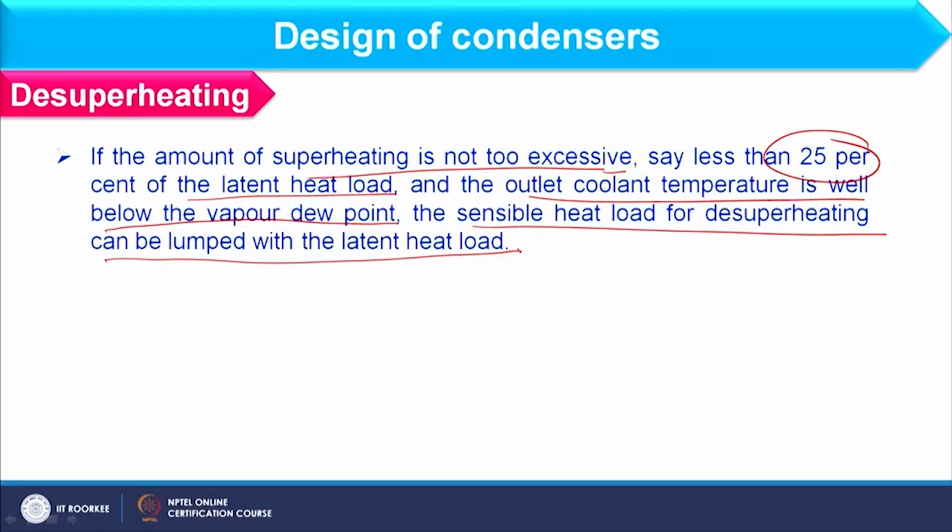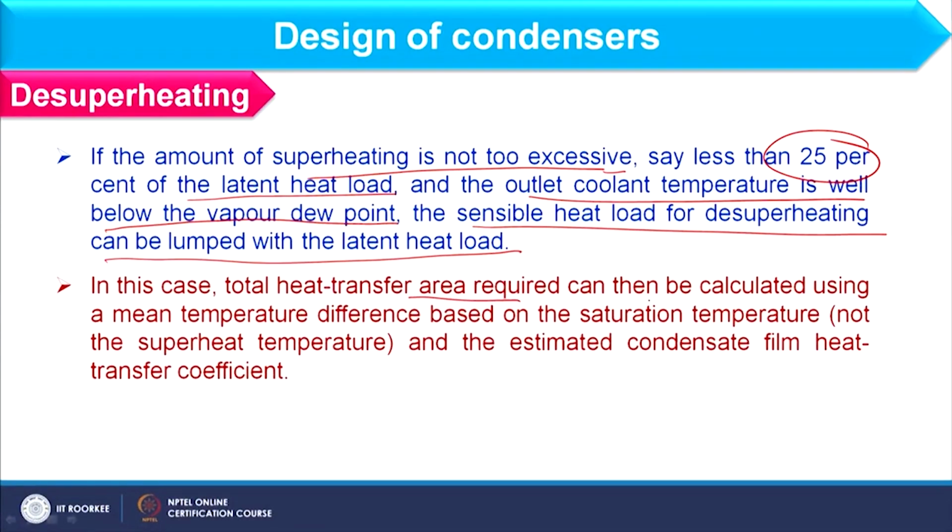Okay. And in that case, how should we count the heat transfer coefficient? Let us see that. In this case, the heat transfer area required can be calculated using mean temperature difference based on saturation temperature, not the superheated condition, and we can further estimate the condensate film heat transfer coefficient.